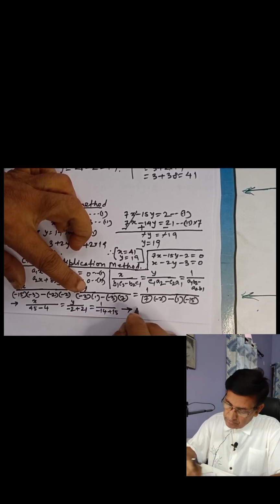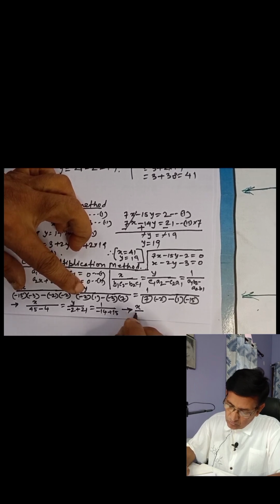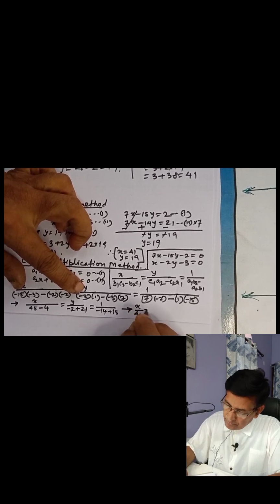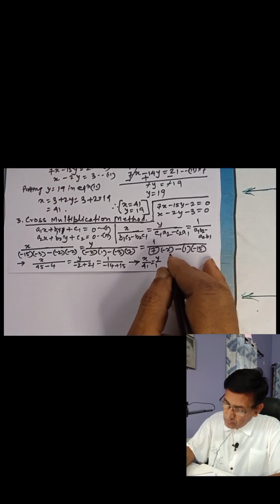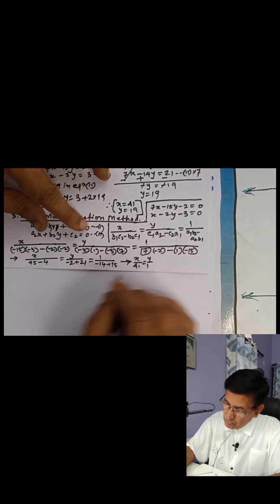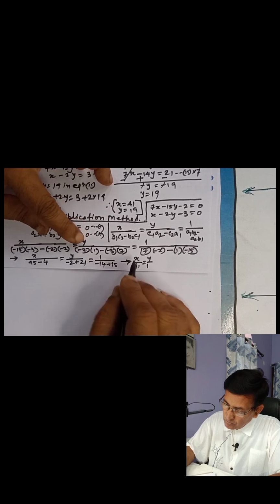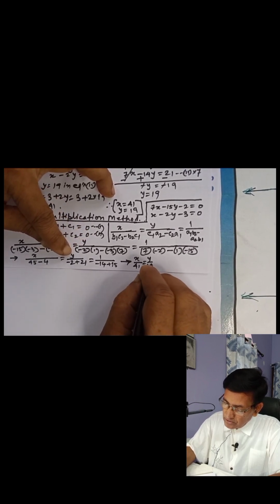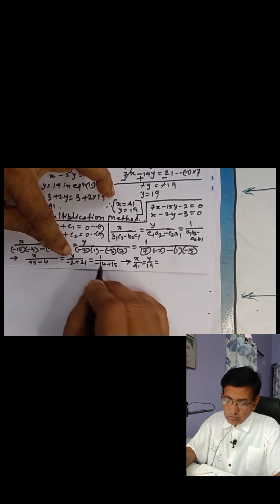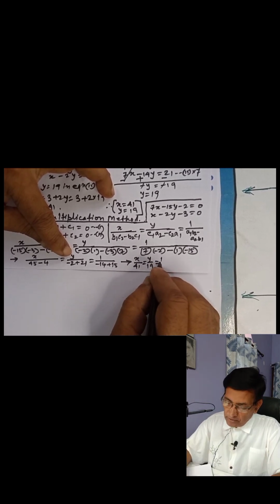This will give us x divided by 41 is equal to y divided by 19 is equal to 1.